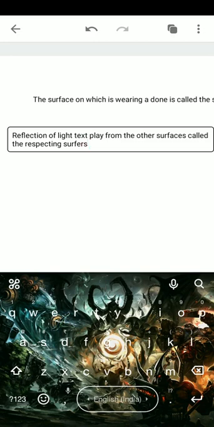I think the voice typing is not working properly, so let me just correct it. So reflection of light takes place from the other surface, called the reflecting surface. So this is how we can define it.